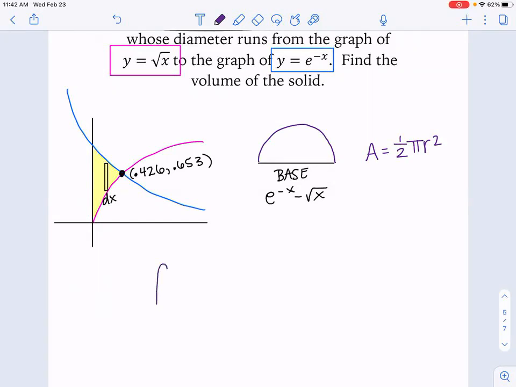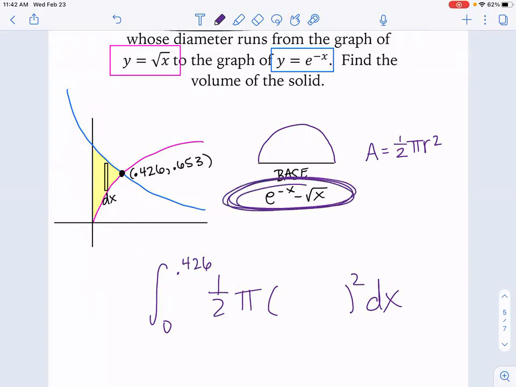Okay, so we have the integral from 0 to 0.426 of 1/2 pi r squared dx. Is our radius e to the negative x minus radical x? No, this is our diameter. So we have to cut it in half for it to be our radius. So we can just cut it in half for our radius.